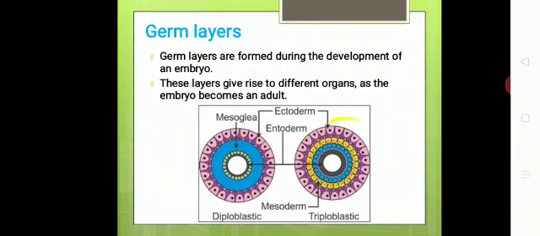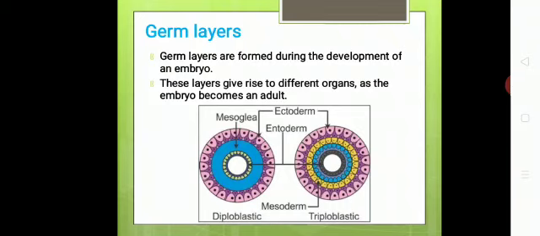But in this next picture, it has three layers along with the mesoderm. This yellow part, we call it the mesoderm, which is present in between the outer ectoderm and the inner endoderm. So it has three layers, and we call it triploblastic. Animals having three germ layers are categorized as triploblastic.